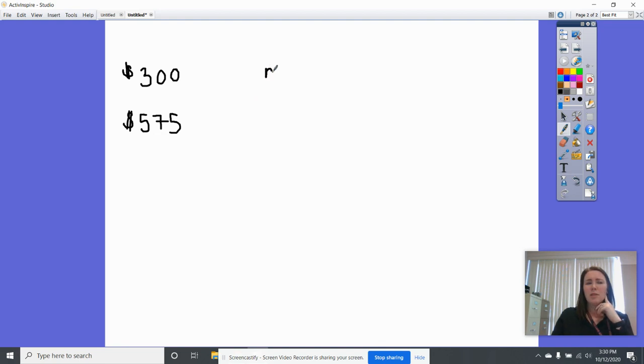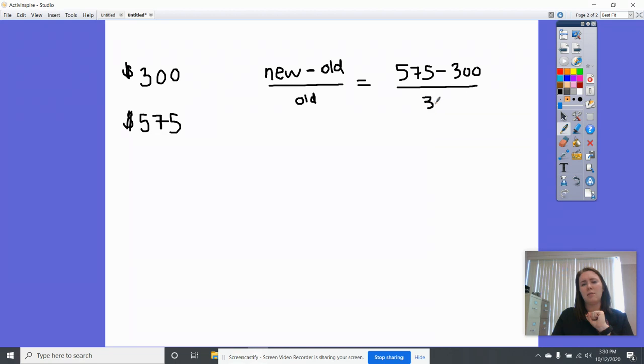So I'm going to start with that formula. New minus old, all divided by the old one. And I love this formula. I use this all the time because it's going to give me the actual answer of my percent increase or decrease. So the new one is 575 minus the old one is 300, all divided by 300.